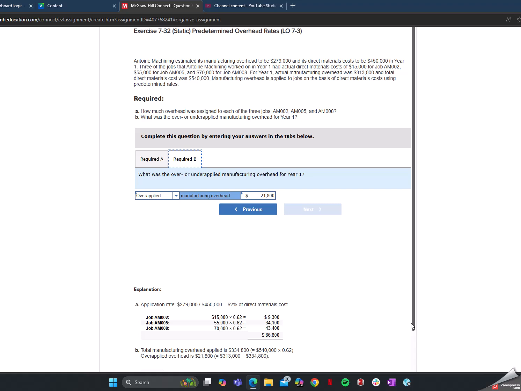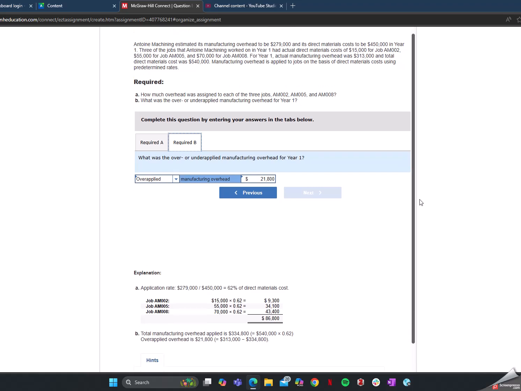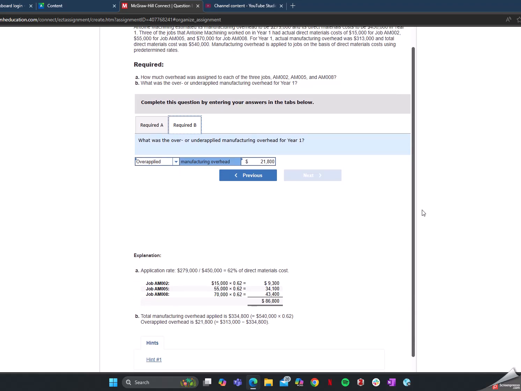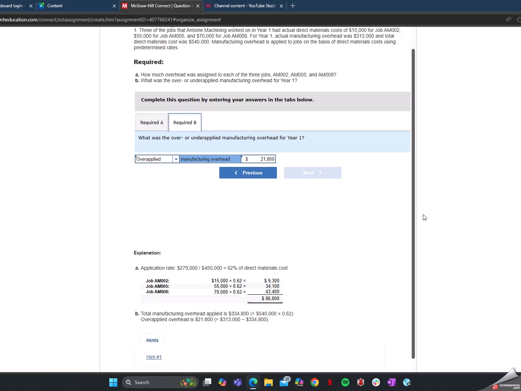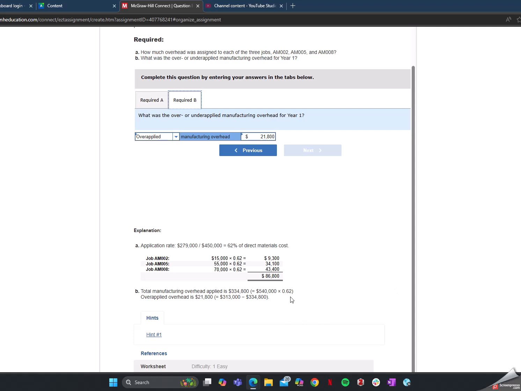And then we compare that to the actual, which it tells us the actual manufacturing was $313,000. So those are not just added up though. So this is the total of 3 jobs, not all of their jobs.